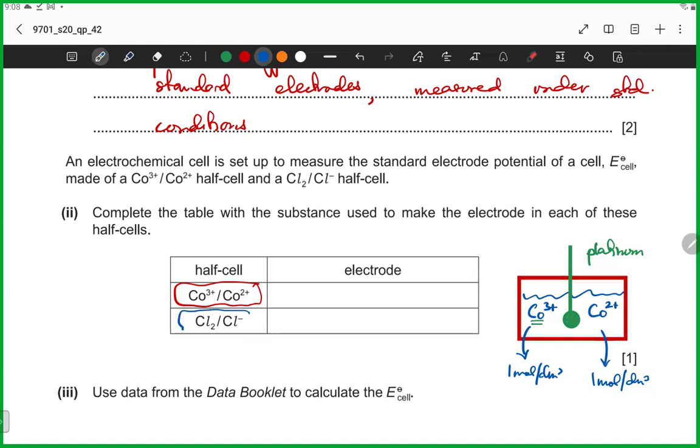The second type of electrode is where you have a gas. Now, when you have a gas, you would need a gas jar. So in that case, a gas jar is required because Cl2 is a gas.